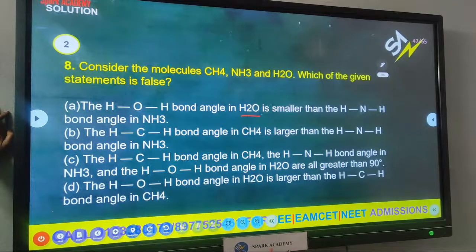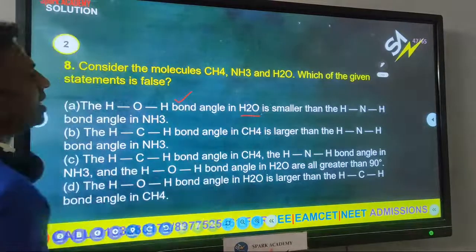What is the bond angle in water? 104. Then the HOH bond angle in H2O is smaller than the HNH bond angle. Yes, it is a true statement, the correct statement.